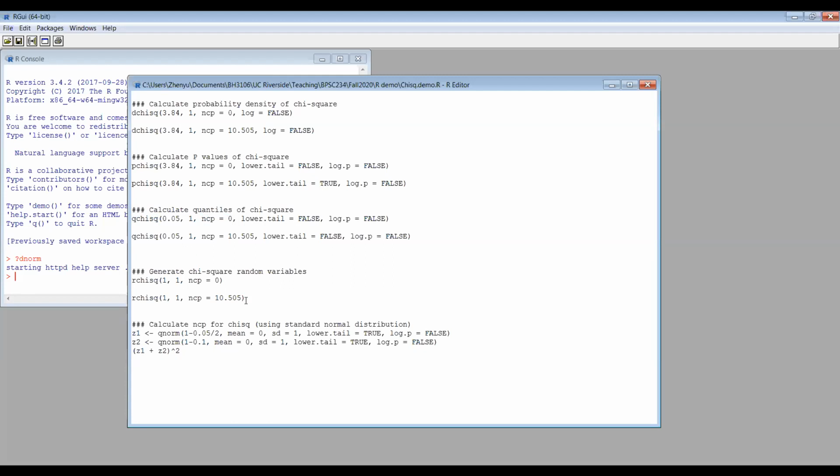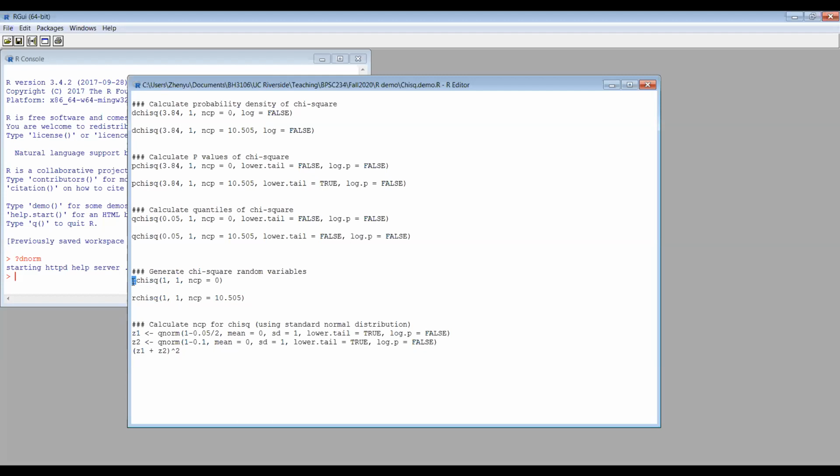And okay, these two lines are not very relevant to our current content, but maybe in the future it will be useful in your research if you want to generate some random variables which are chi-square distributed.